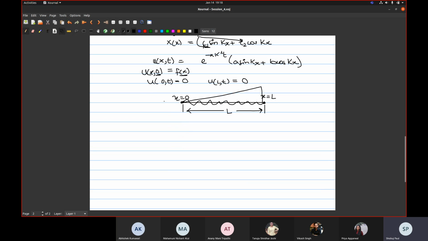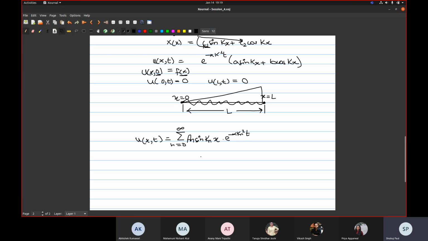Now all of this is very complicated. Even if we find the solution, it will be a series solution of this form: the sum of a n sine of k n x, n equals 0 to infinity, times e raised to power minus alpha k n squared t. This becomes u of x comma t.